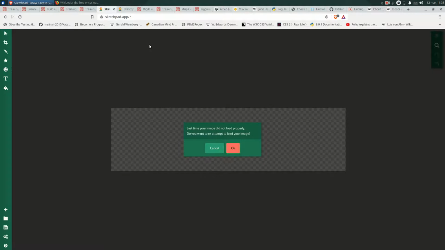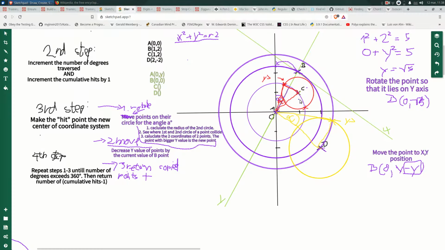So of this and that, we're rotating in this way, right? Now we're rotating in that way. Yeah, we're rotating in that way.